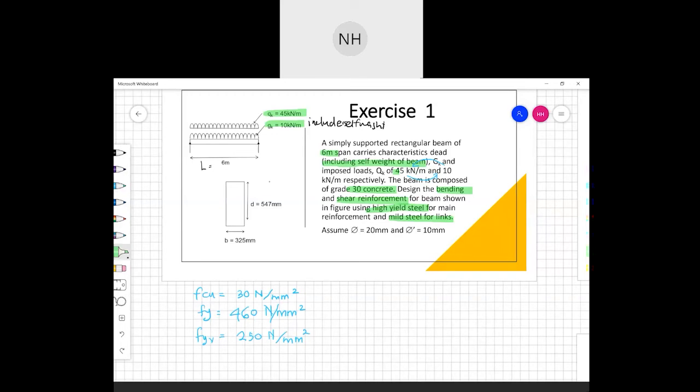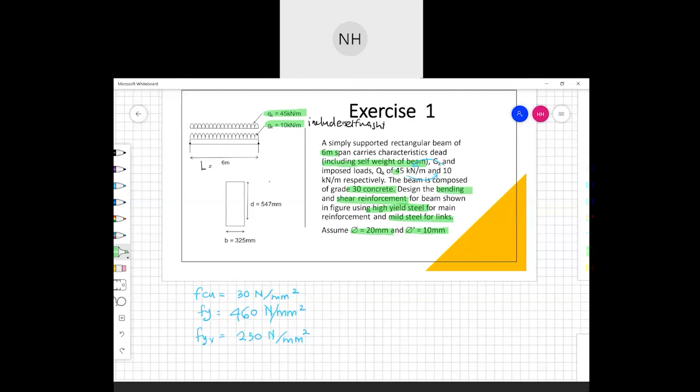And also kat sini pun bagi tahu lagi, assume that the diameter of main reinforcement adalah 20 mm and also diameter for link it is 10 mm. Dalam example sebelum ni tak ada assumption ni, you assume yourself. But here kita tak payah assume, we just use the value given here.